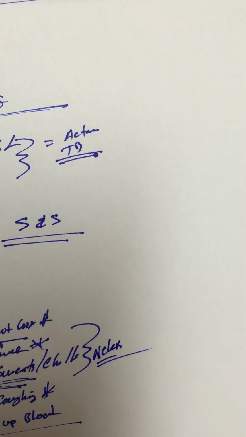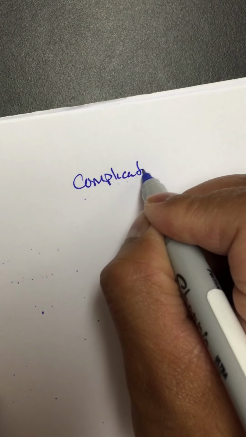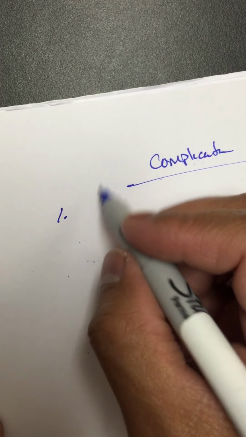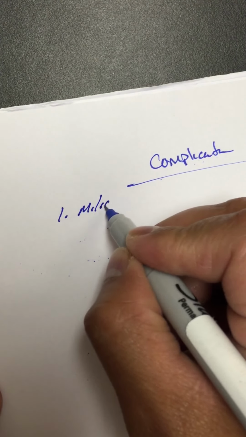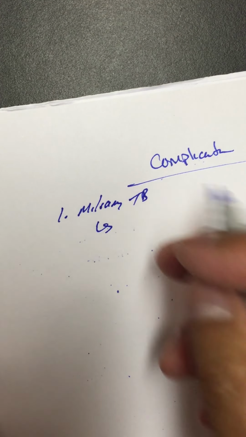Now, what are some complications due to TB, or active TB in this case? Number one, something called miliary TB. Now, this occurs when TB begins to spread.